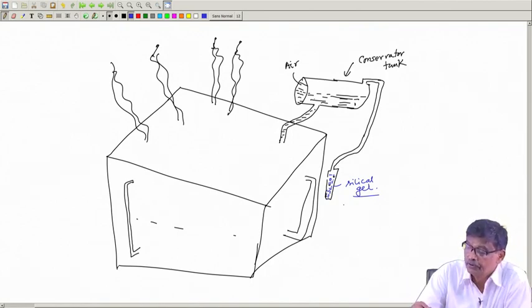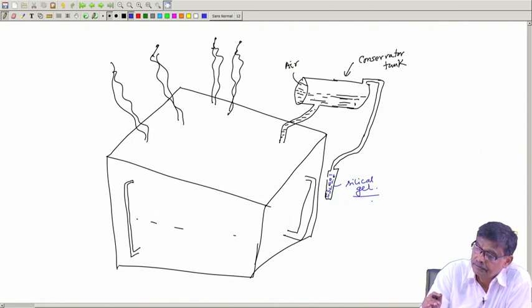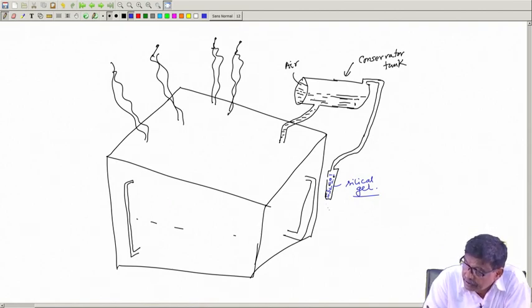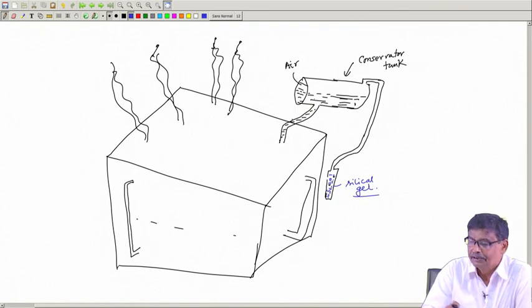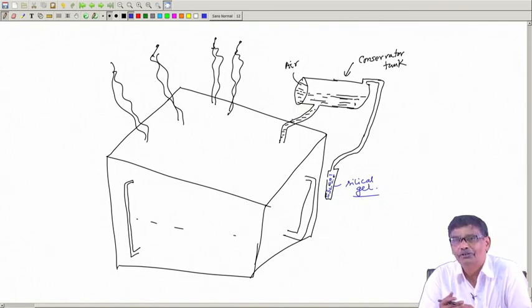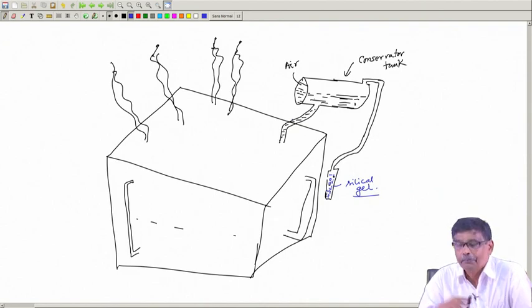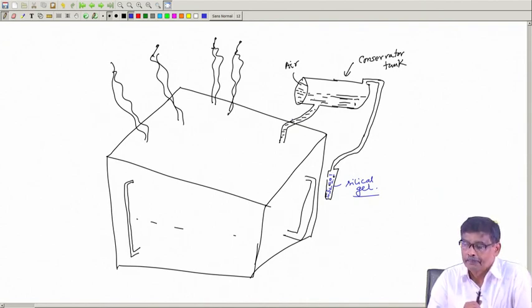Suppose you are increasing load, level of oil will increase, air will come out, and when the transformer is operating at a very light load condition, oil will drop, air will be sucked in, is not? That is, the transformer is also breathing as a human being breathes, depending upon the degree of loading.